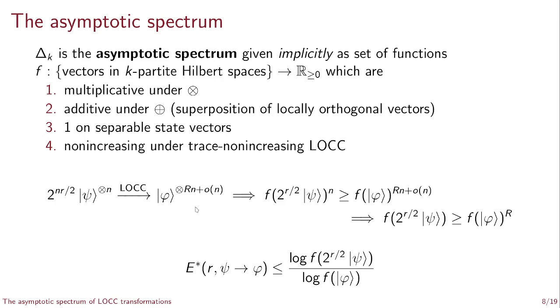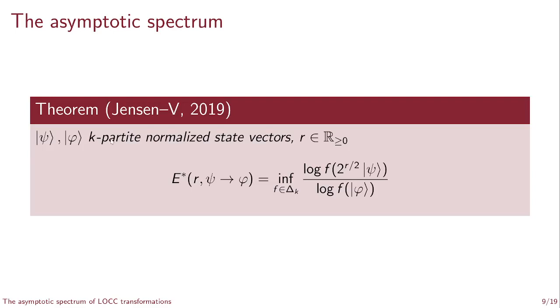But the interesting thing is that even with these additional axioms, there's a theorem in our earlier work that this E star, this converse rate, so given a converse error exponent, is actually equal to the infimum over the asymptotic spectrum of these upper bounds.